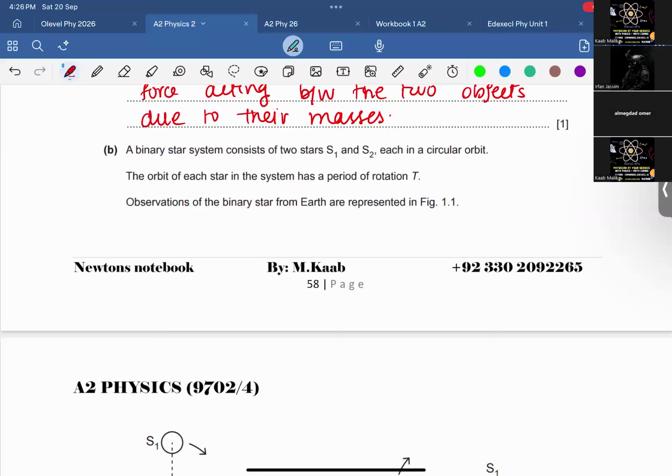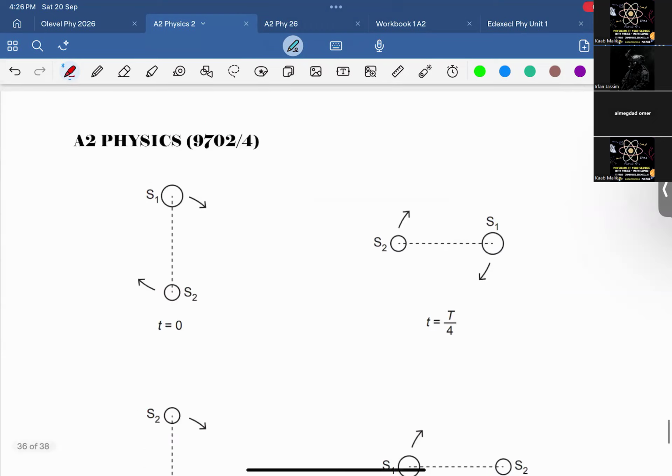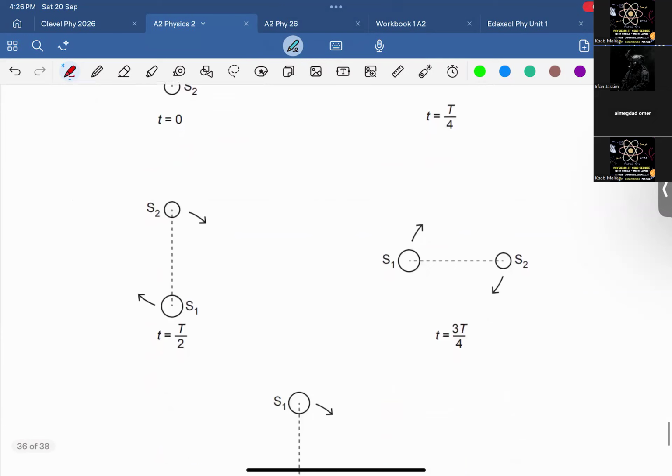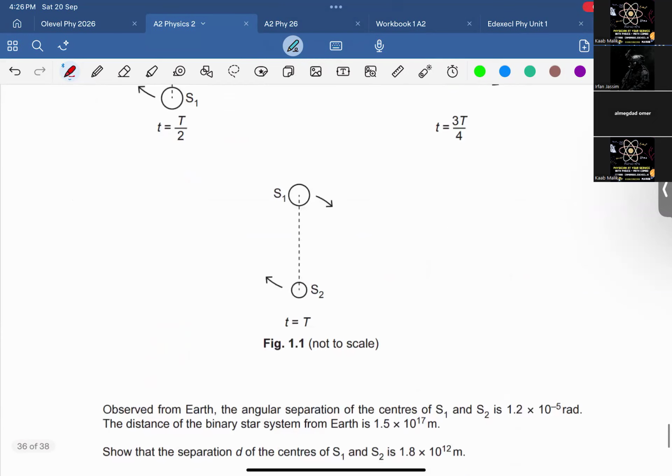A binary star system consists of two stars S1 and S2, each in a circular orbit. The orbit of each star in the system has a period of rotation T. Observations of the binary stars from Earth are represented in Figure 1.1. So at time t equals 0, then t equals T over 4, quarter time, then half time, then three quarter, and then four quarter.